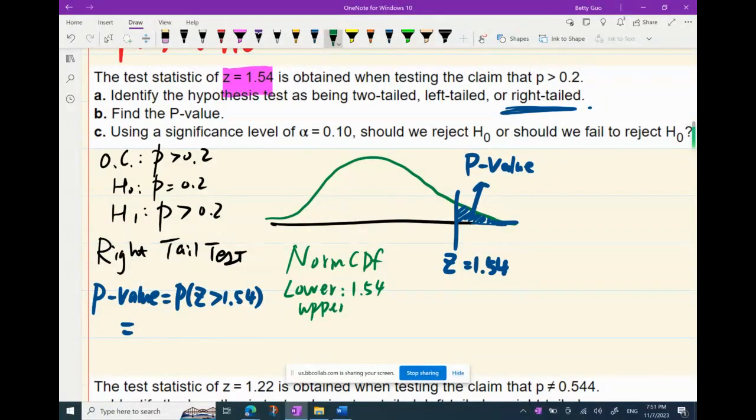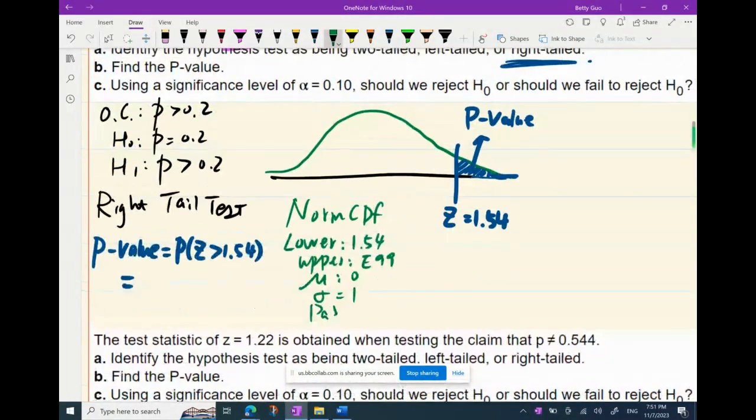Your upper is going to be E99, past infinity, and mu of course 0, sigma is 1, and you paste. That's the key information that we need to enter in the calculator. Lower is 1.54, upper is double E. At this point, you should know how to find the double E.